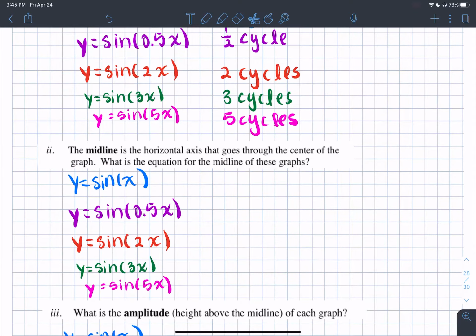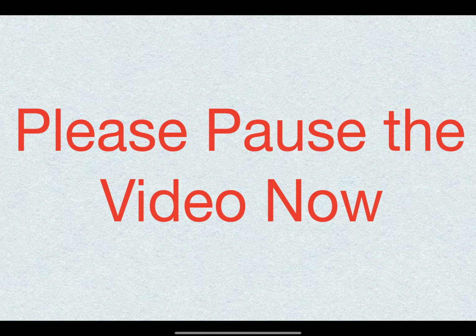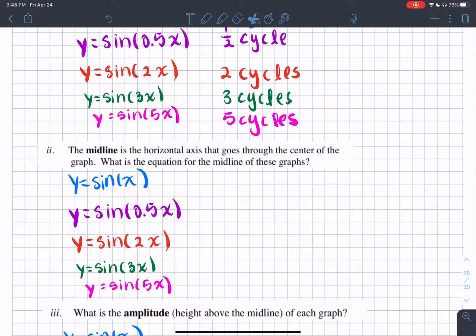Now that we've finished part I, let's look at part II. Read what it's asking you to do, and then think about it. Come back after you've read and thought about it. So part II is asking us what the midline of each graph is, or what the equation of the midline is.